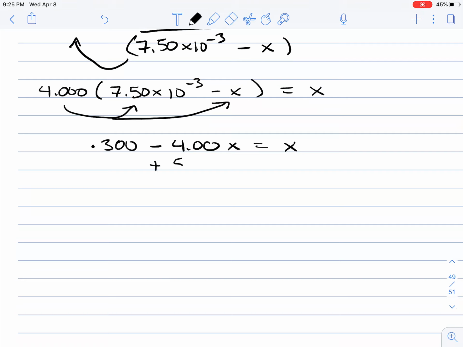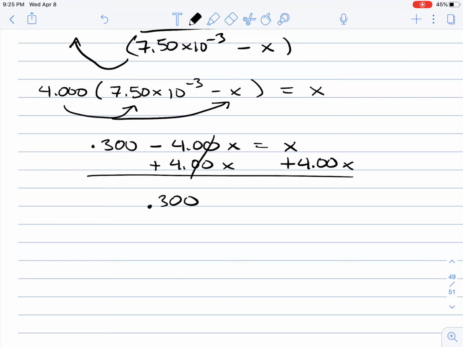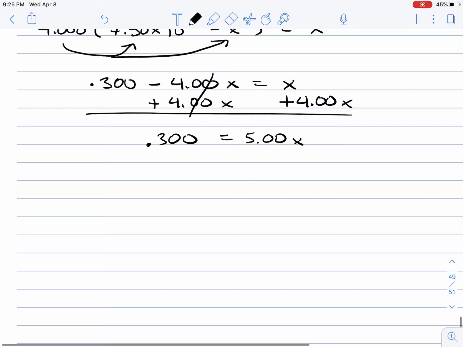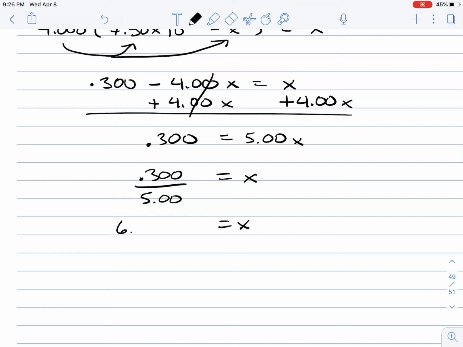So we're simply going to add 4.00x to the other side, and that's going to give us 0.300 is equal to 5.00x. Then I'm going to divide these two values, and the value of x is going to be 6.00 times 10 to the negative 2.